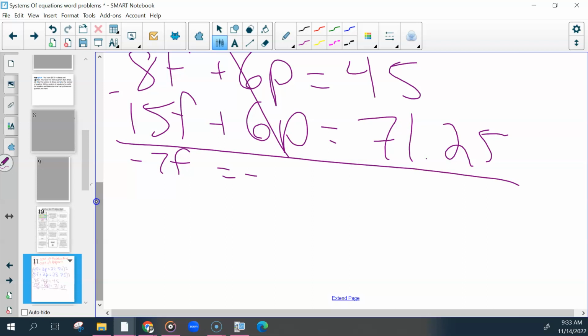Negative 26.25, is that what we all got? Yes. Okay. And then divide.